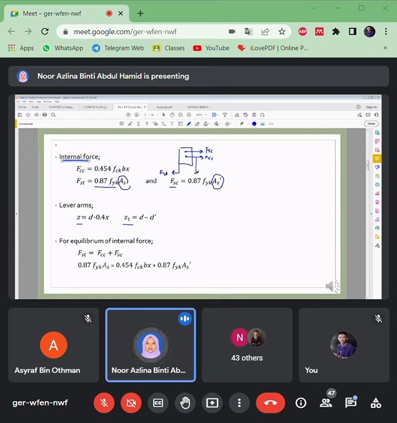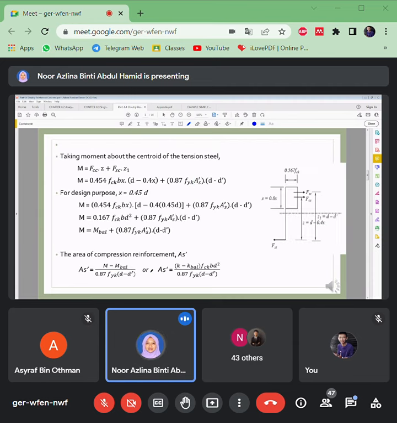Then we have Z for FCC, and also the new Z, which is Z1, for steel in compression. Once you do the equilibrium, you can list out all these three forces. FST is multiplied with the AS. For FSC, steel in compression, multiply with the AS prime. This is for the concrete.